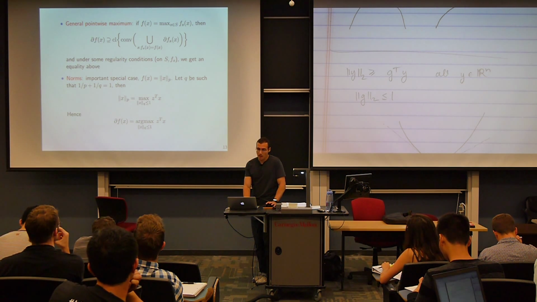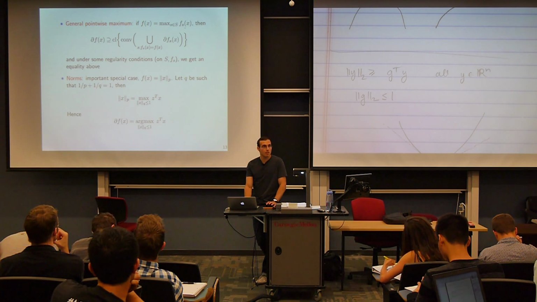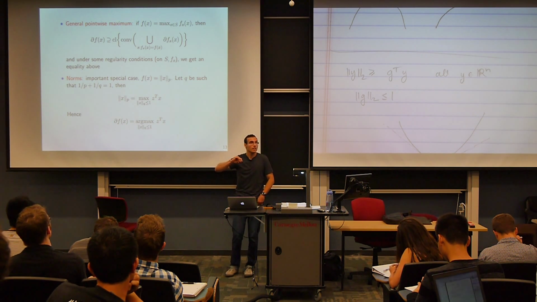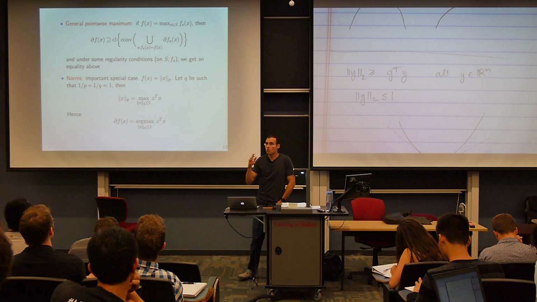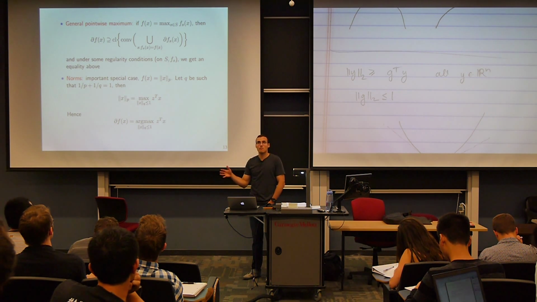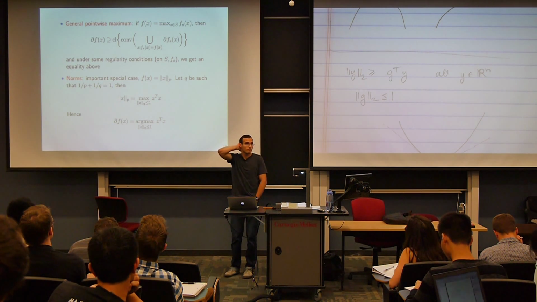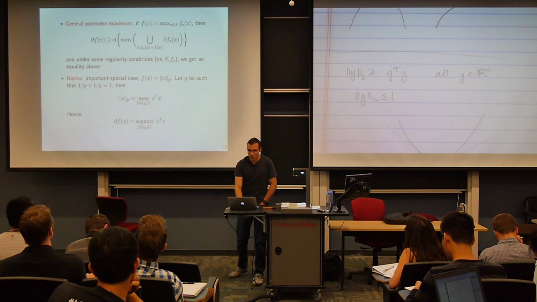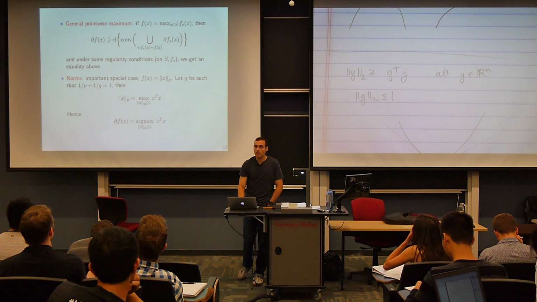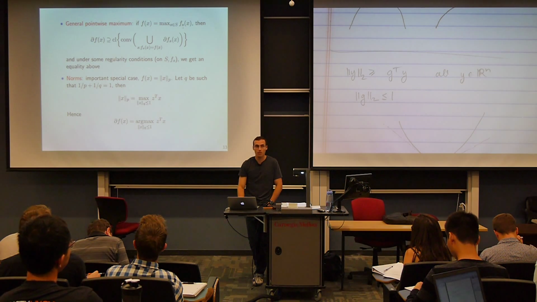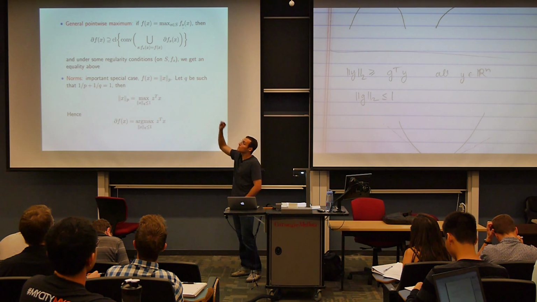OK, so if we have our function f defined as a maximum over, let's just say, f_s(x), for all s in some set capital S, then that's more general than just a finite pointwise maximum, because I haven't told you that the set S is discrete. This could be, for example, an infinite set. It could be an uncountable set. I'm just taking the maximum of a bunch of functions over some index S.